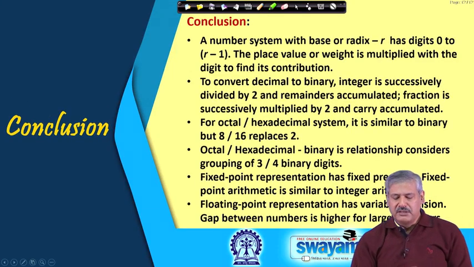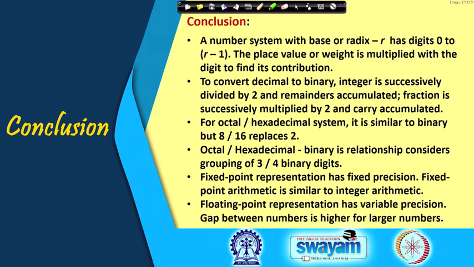So, to quickly conclude, a number system with base or radix r has digits 0 to r minus 1. Place value or weight is multiplied with the digit to find its contribution. Okay. So, if it is multiplied with 0, then there is no contribution. To convert decimal to binary, the integer is successively divided by 2 and remainders accumulated, and for converting the fraction, it is successively multiplied by 2 and carry is accumulated.